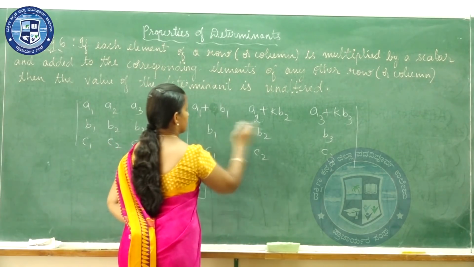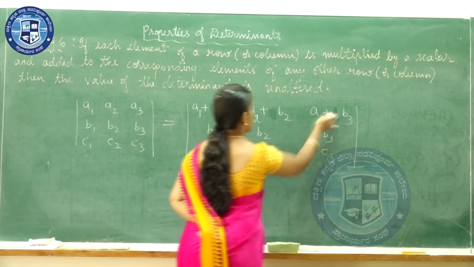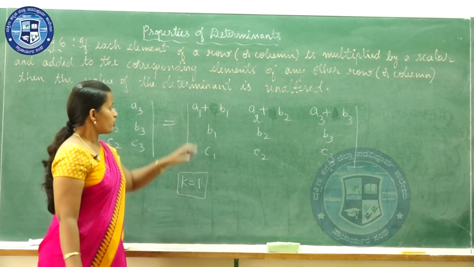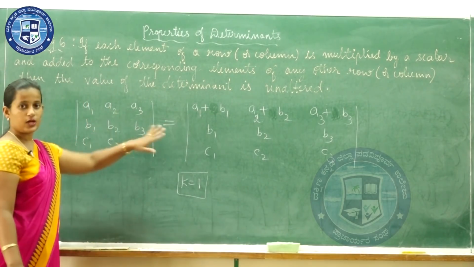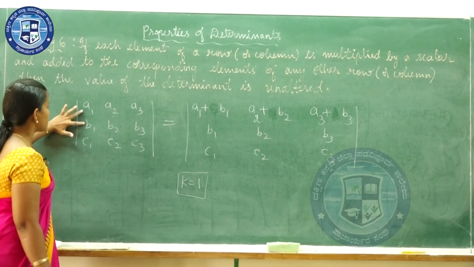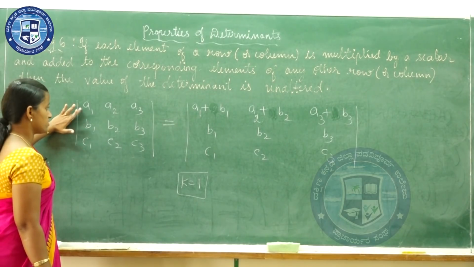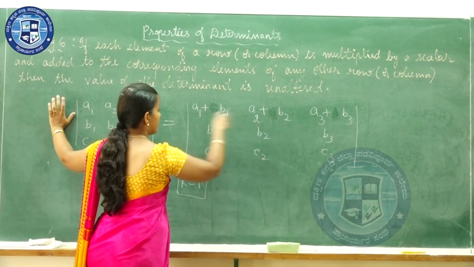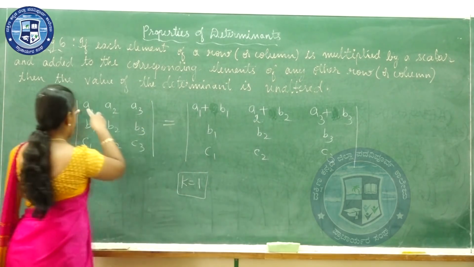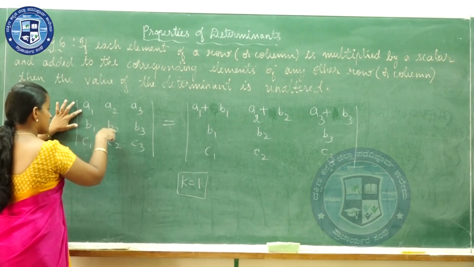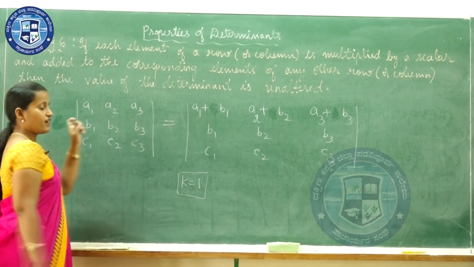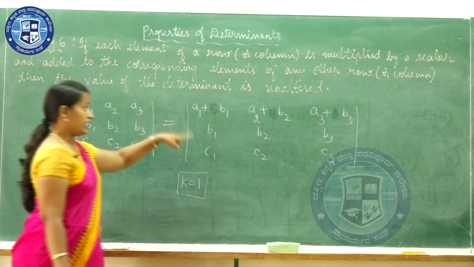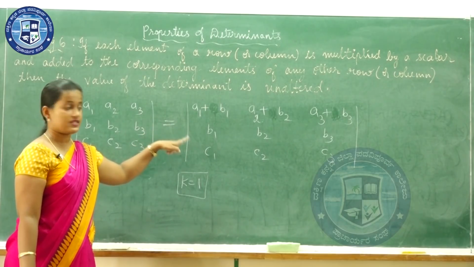Then we get like this, A1 plus B1, A2 plus B2, A3 plus B3. So, what we have done here, now compare the two determinants. We have simply added the first two rows and written it in the place of first row. So, first row is replaced by first row plus second row, A1 plus B1, A2 plus B2, A3 plus B3. We have done that addition and we have replaced it in the first row. So, even when we do this, the determinant remains the same.